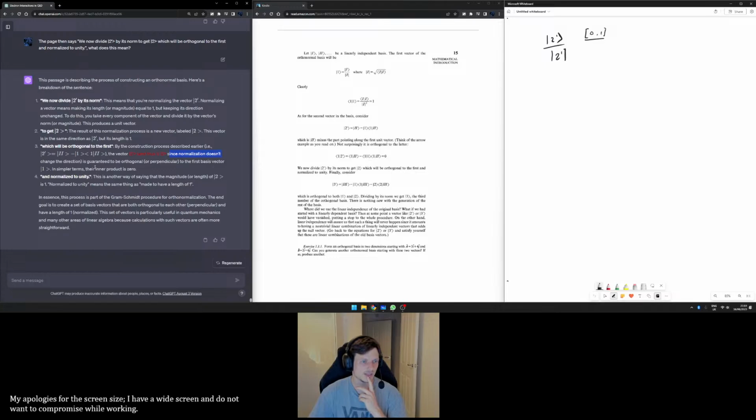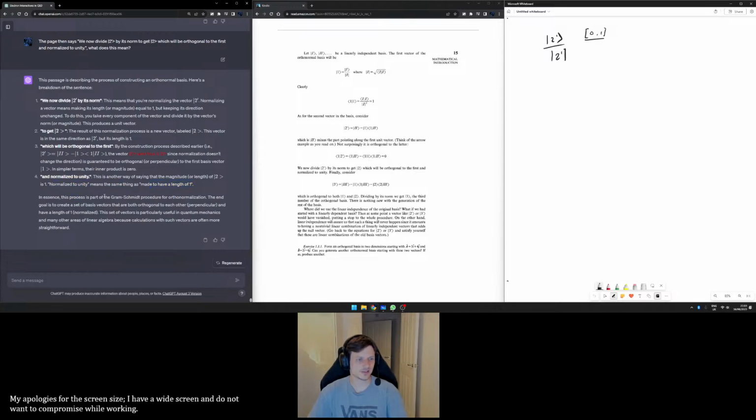In simpler terms, their inner product is 0. And normalized to unity is another way of saying that the magnitude or length of 2 is 1.